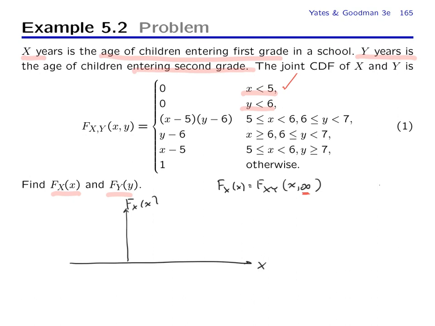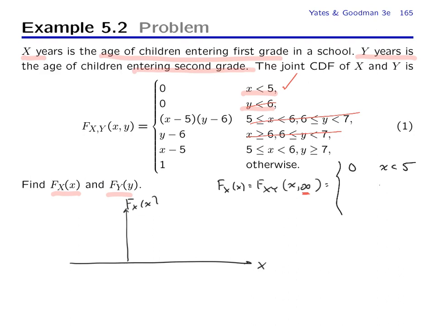And so what we get is that the CDF of x is equal to 0 for x less than 5. The next rule doesn't hold for y equals infinity. Neither does the third rule, neither does the fourth rule.